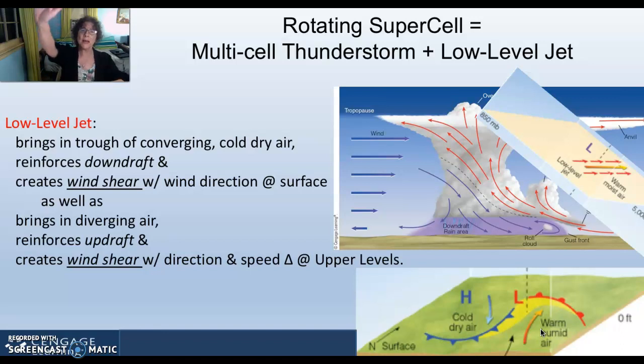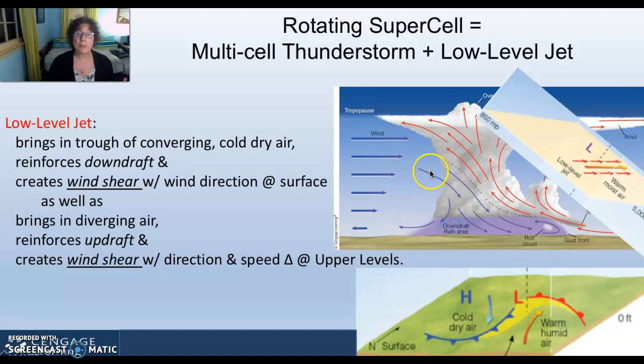So it can convect up, and it can be at a 40 or 50 knot speed up in that higher level. That will also bring down this downdraft and really solidify that downdraft as well. So you're creating more wind speed and more wind shear when you're doing this.